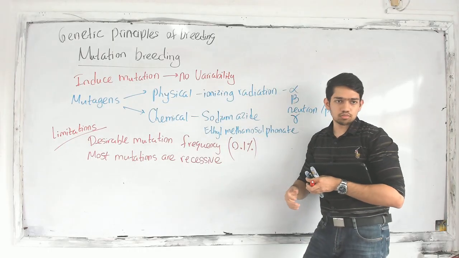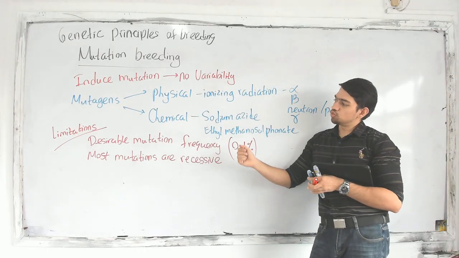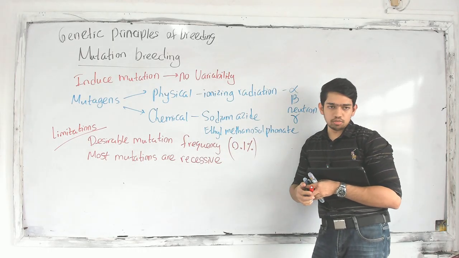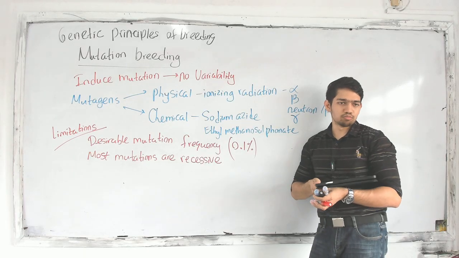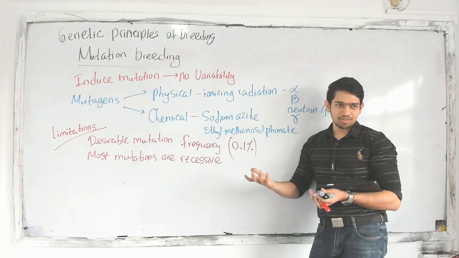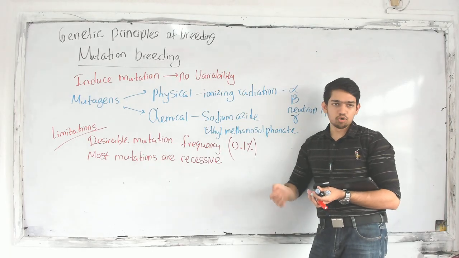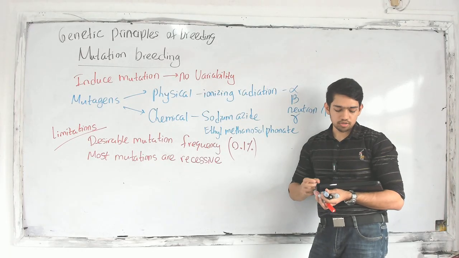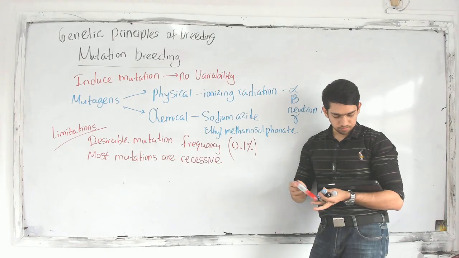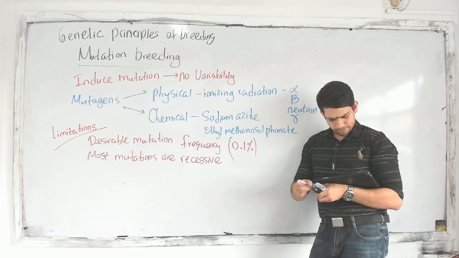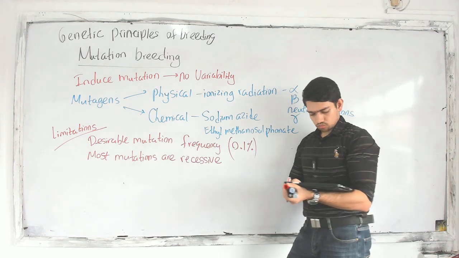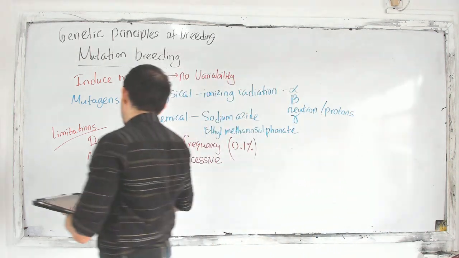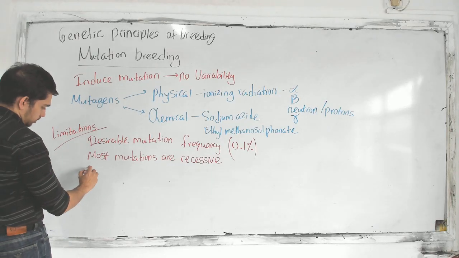So even when you induce a nice desirable mutation, there's a high chance it is recessive, so it is not visible. It is hidden by the dominant counterpart. That's another problem. Usually limited usefulness in cross pollination.